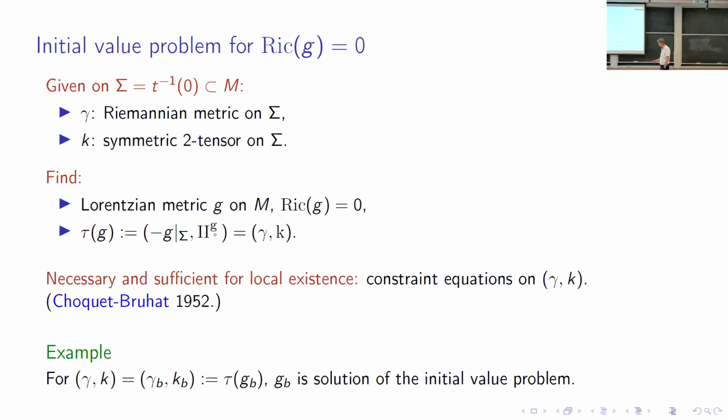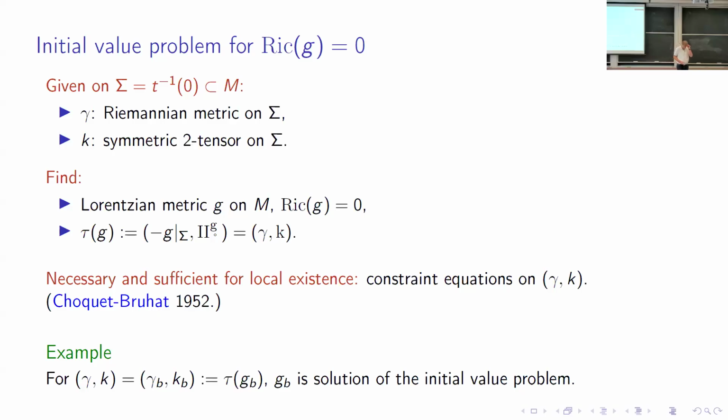If you take minus G restricted to sigma, then this is your Riemannian metric, and K is the second fundamental form of sigma in M. The necessary and sufficient condition to solve this locally are the constraint equations. This is the famous theorem by Choquet-Bruhat and Geroch.